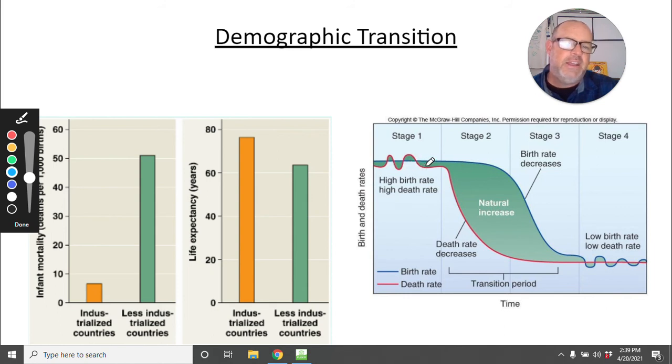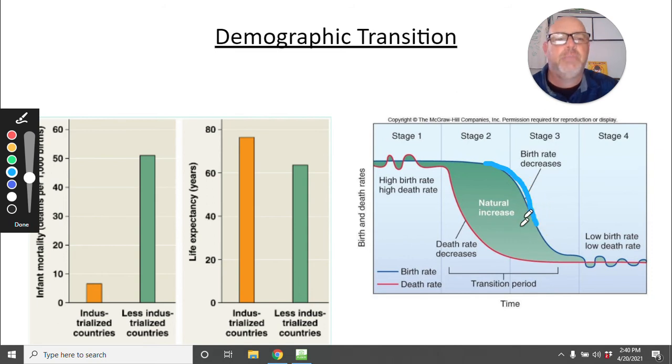And then as you get more established and the population gets a little bit older, the death rate decreases. So it comes down quite a bit. And this is the transition period right here. And then as your death rate comes down, well, the people getting older, they're still having some babies here, high birth rate, but then they start to fall off, right?